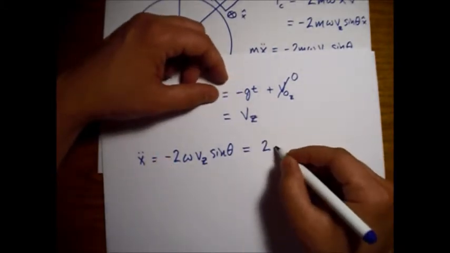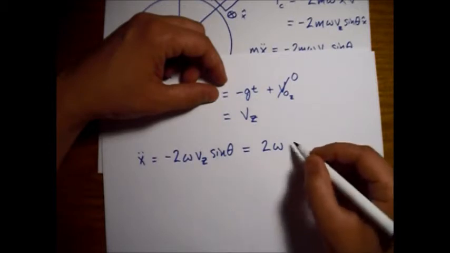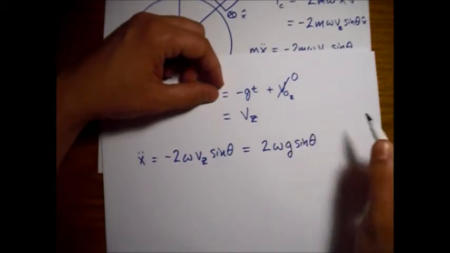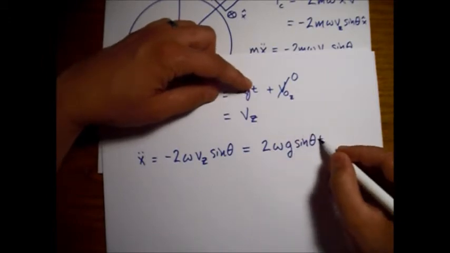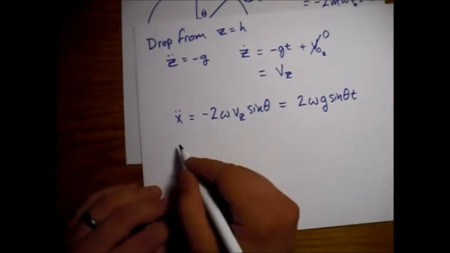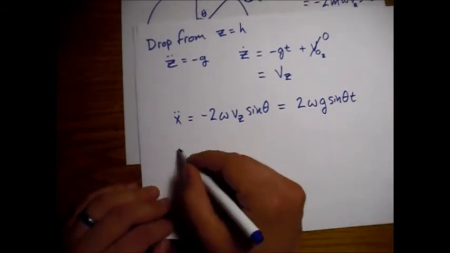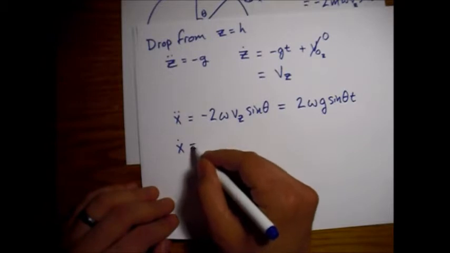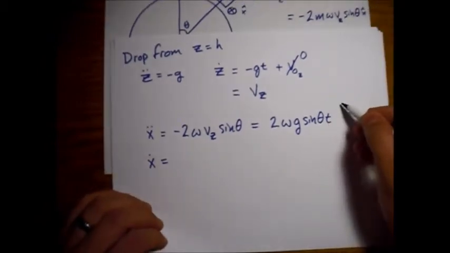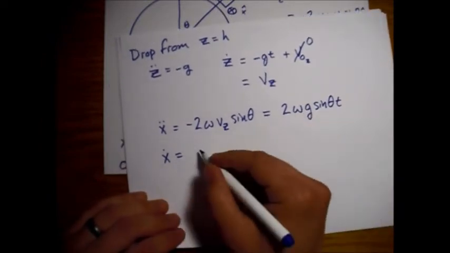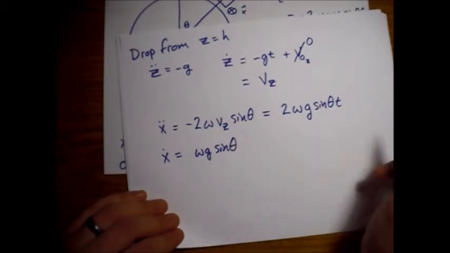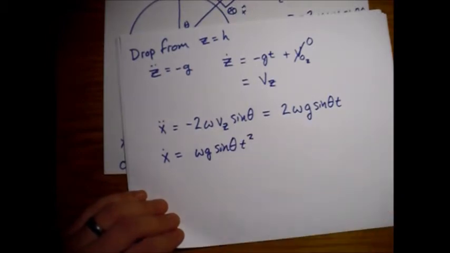We get a 2 omega g sine of theta, and also this factor of t. All right, so now we're going to integrate this equation. So the t is going to be squared, and then we divide by half, so the 2 is going to go away. Omega g sine of theta, and then t squared.